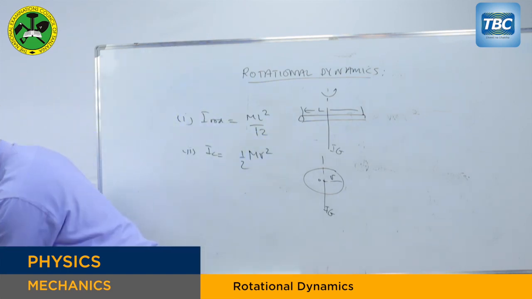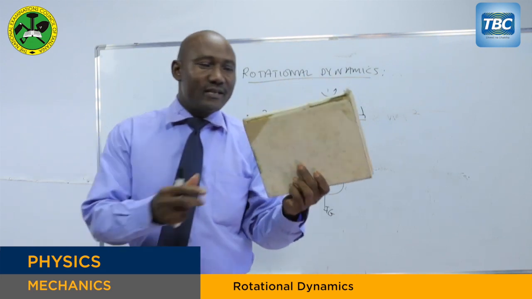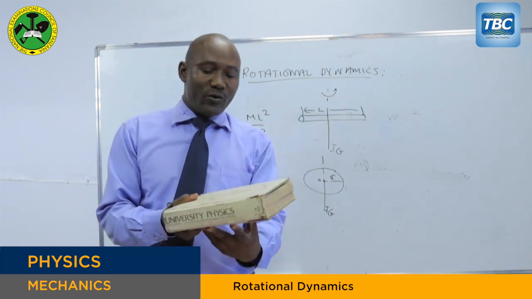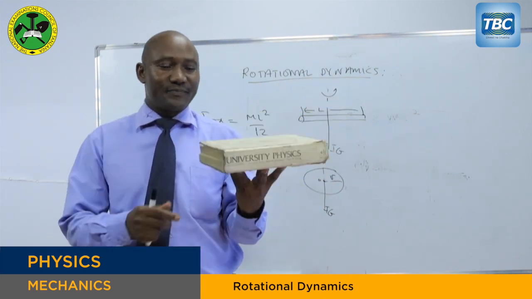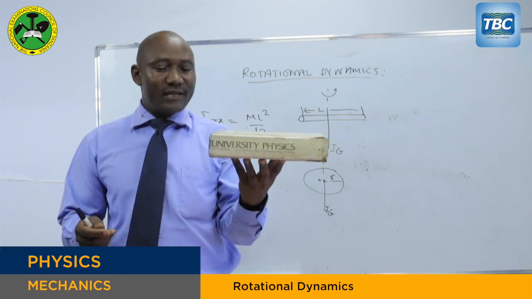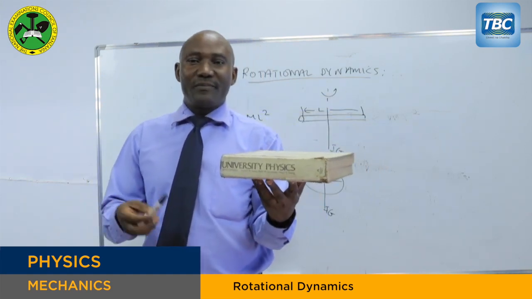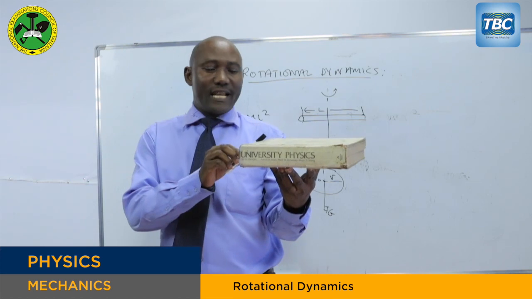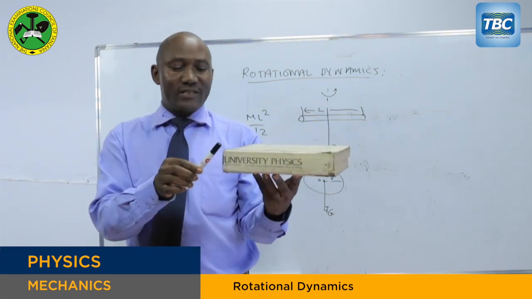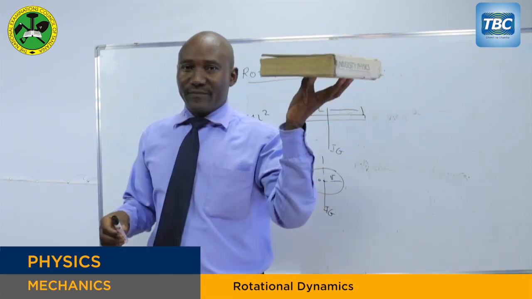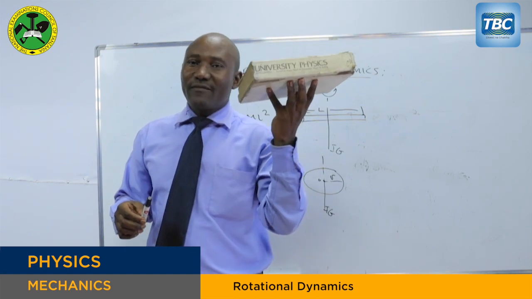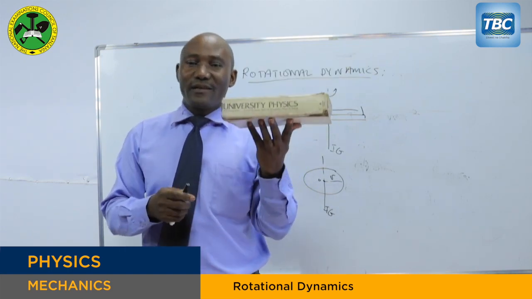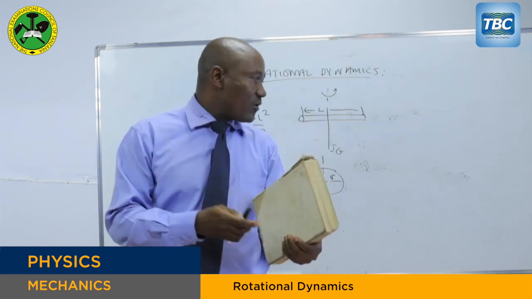Another rigid body we call a rectangular slab. The rectangular slab can be of this form. This is a book which represents a rectangular slab, which has the length, the width, and the thickness. And we derived the formula for this rectangular slab as follows.